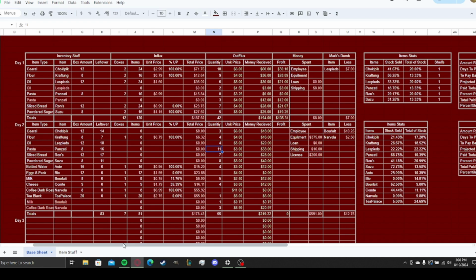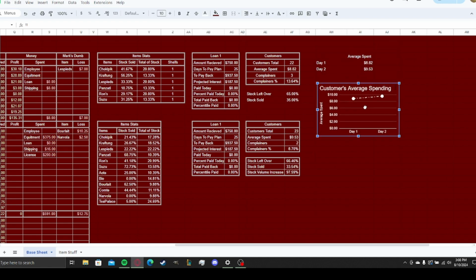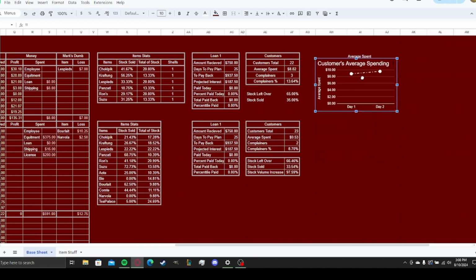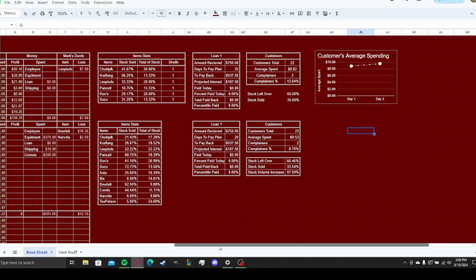There is only one issue though, one issue I've come up with these. So if I move this, you'll notice there's numbers behind it. That's because if the numbers aren't right next to each other, this program doesn't see it as a chart.